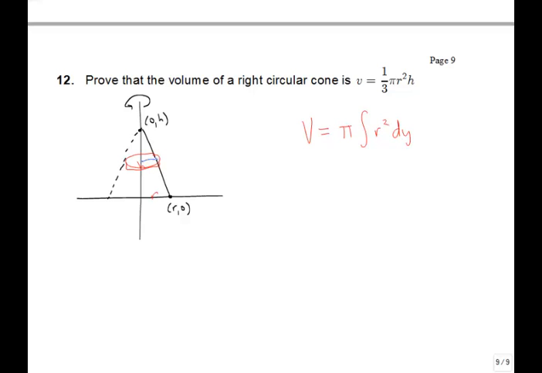It's going to be this distance right here. And it's going to be using these 2 points, the center point along my axis of revolution, and then this point on the edge, which is also along this line segment right here. Notice that they're both at the same height, so they both share the same y coordinate. And the center point, since it is along the y-axis, it has an x-coordinate of 0.